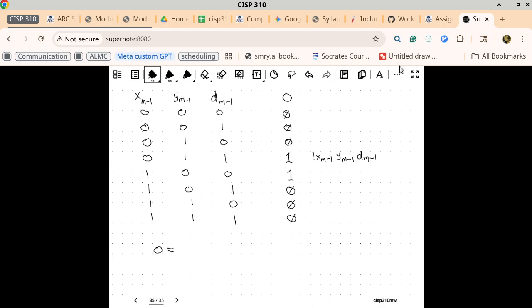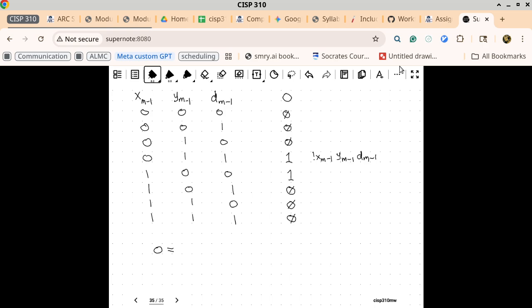So this is AND: the negation of x m minus 1, and y m minus 1, and d m minus 1. You can still look at it as a multiplication. That still works because we only have zeros and ones, right? If you have any zero in the multiplication, the whole thing is going to be a zero. So it still works out, but it is a conjunction.